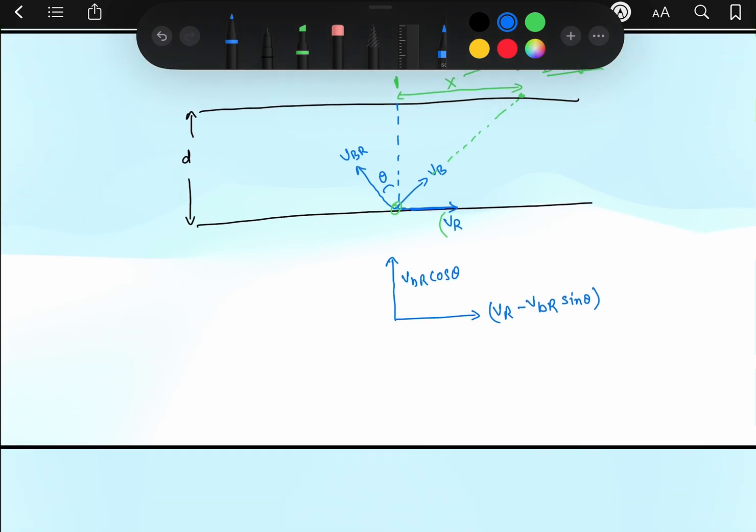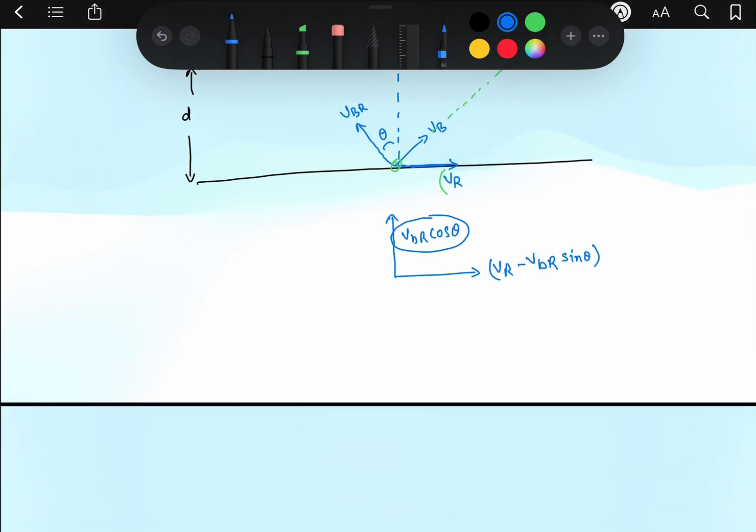In this problem we can directly see which component is responsible for the crossing of the river. That is our component perpendicular to the flow of the river. This is the component which is responsible for the crossing of this river.